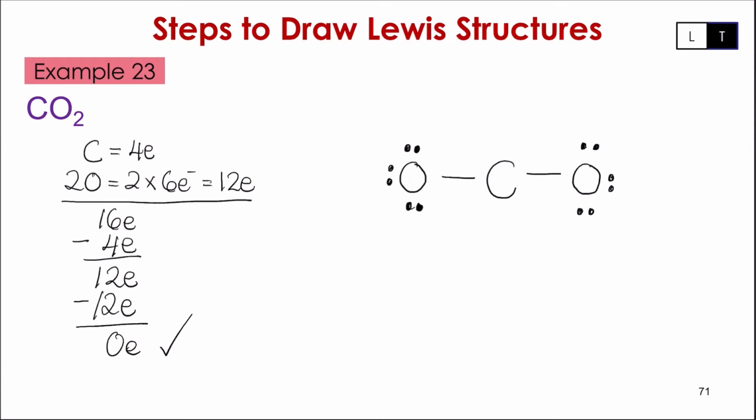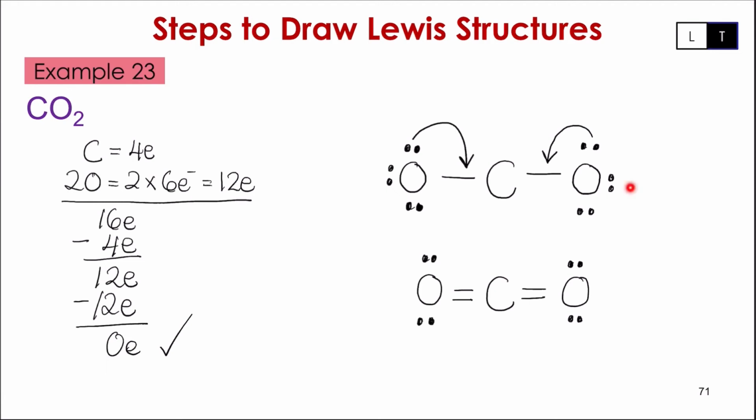In this case, if I donate one from an oxygen to between the carbon from here, I will get a double bond. And after that, if I take symmetrically from the oxygen on the left, going here, I will have 2 double bonds. So my structure will be like this, 2 double bonds in CO2, and what remains is 2 lone pairs for each oxygen atom.